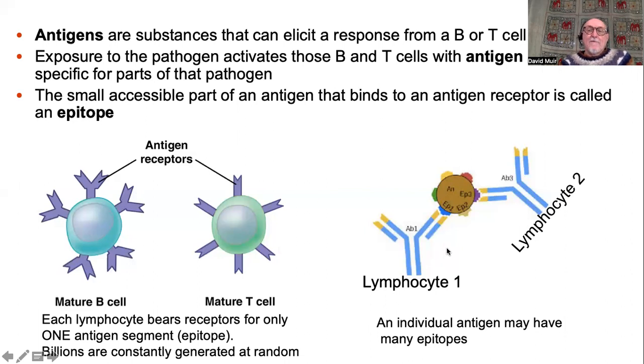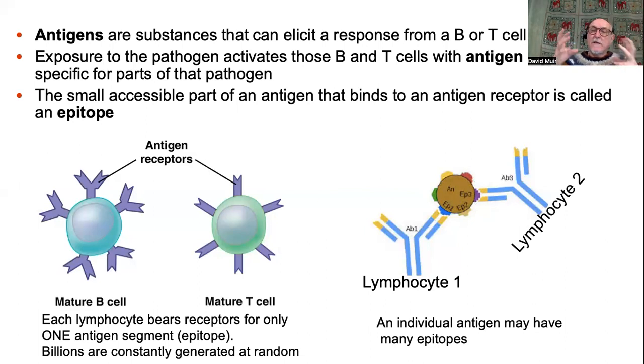So if we think of an individual antigen, let's say it's a pathogen, like a virus, maybe the COVID virus, for example. If we look on the outside, here's the antigen here, but it has many different kinds of molecules present in many different conformations. Think of that picture of the COVID virus.